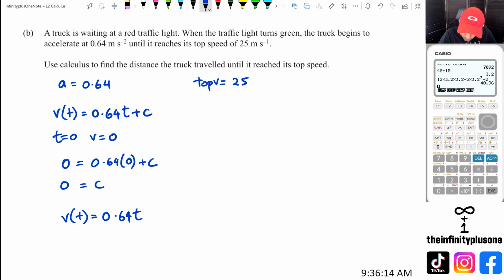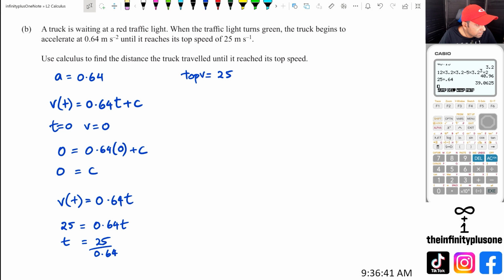Now we need to figure out when it reaches its top speed. We're looking for the t, right? So top speed is reached when it is 25. So if I go 25 equals 0.64t, then t is equal to 25 divided by 0.64, which gives me 39.0625 seconds. So this is when the maximum speed happens.